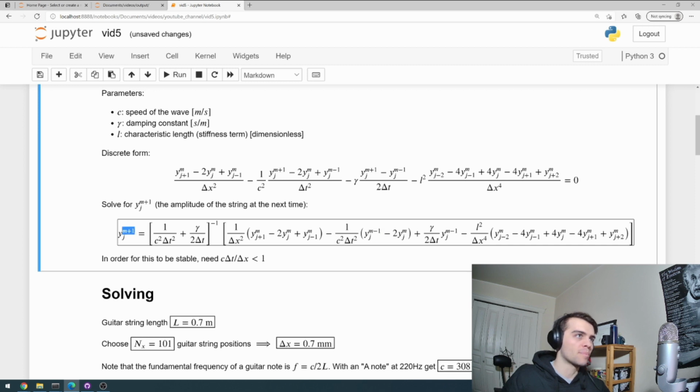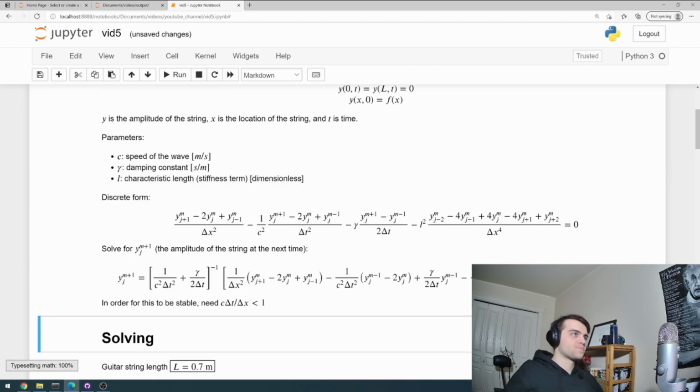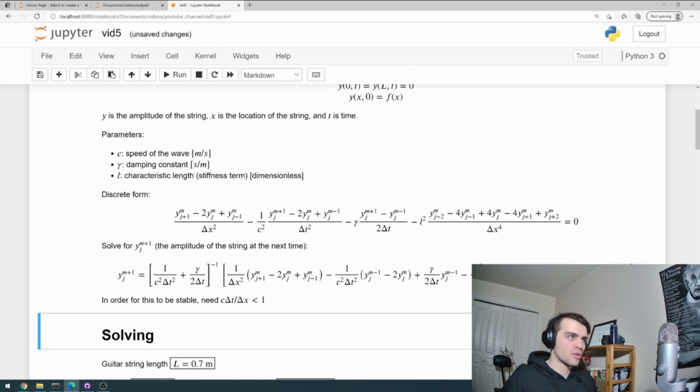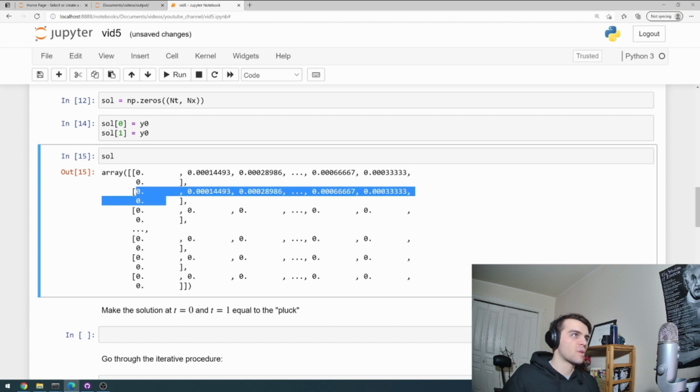If I'm solving for m plus 1, I need m and m minus 1. So that's saying if I'm looking at this row, I need this row and this row.